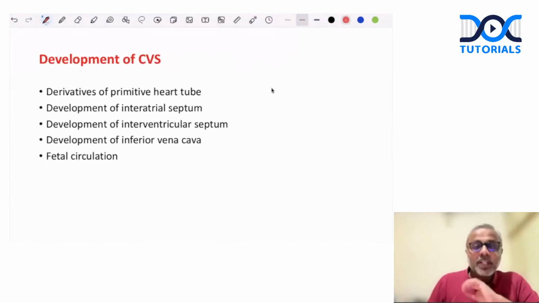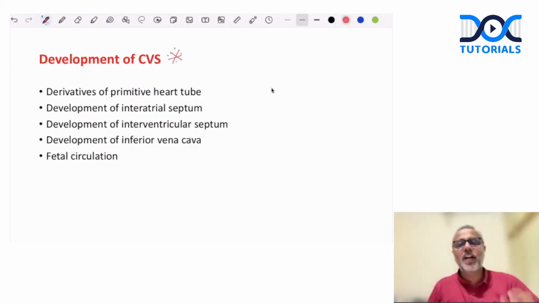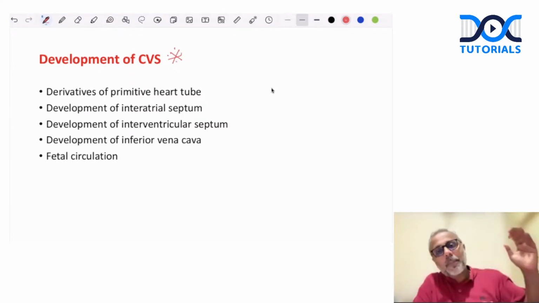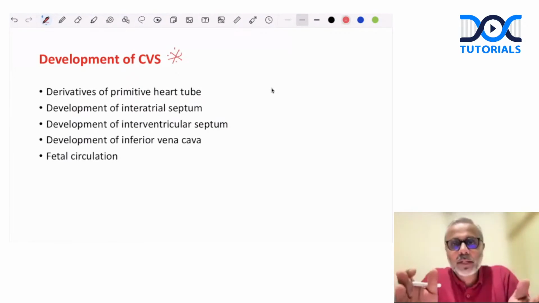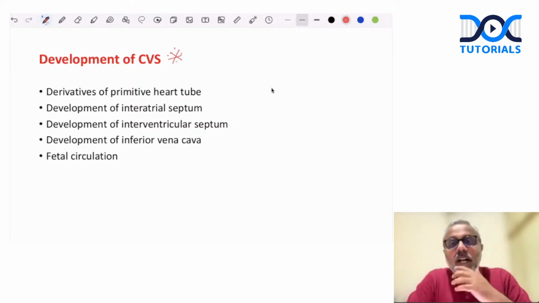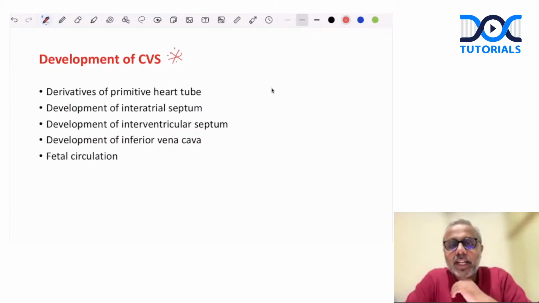Then the development of the CVS is one topic again where a lot of important 5 markers come, and these 5 markers are isolated or often a part of the long essay. Usually the normal question is, describe the internal features of the right atrium. Then add a note on the development of the interatrial septum.